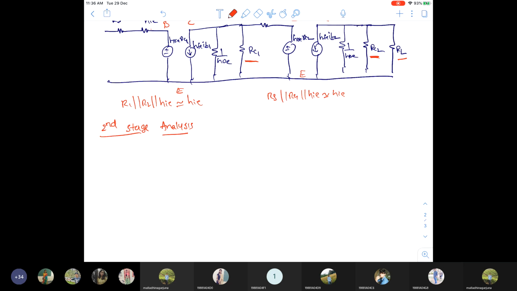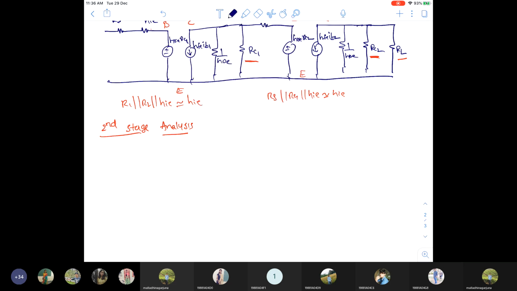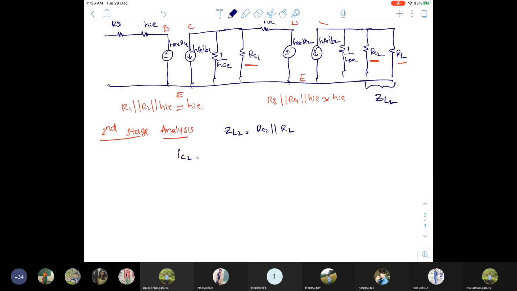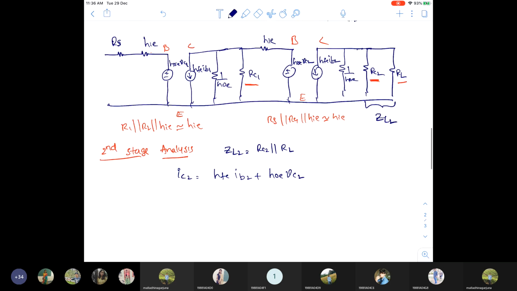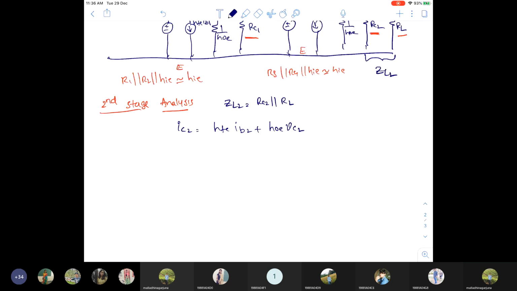Now from this you can write ZL2 equal to RC2 parallel RL. In place of these two I can write ZL2. The equation is IC2 equal to HFE IB2 plus HOE VC2. I wrote the same equation for the second stage. It is the same derivation as the H parameter CE amplifier, the only thing is that for the second stage we put suffix 2.